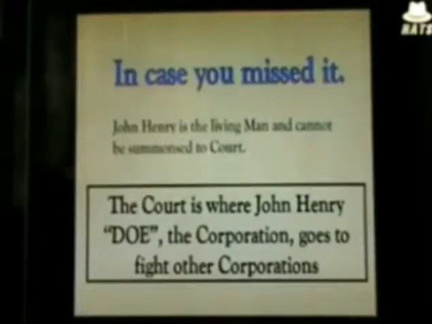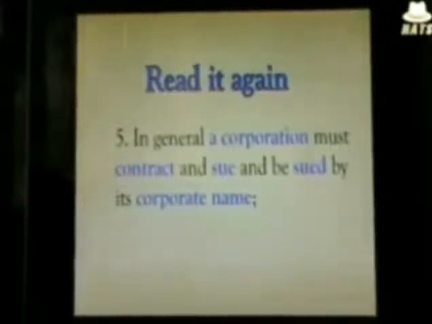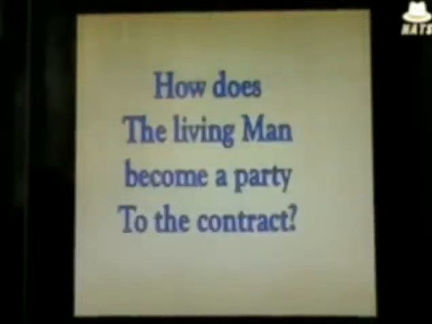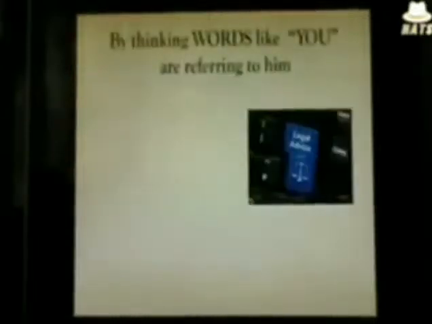So the moment that you fail to rebut, you become the corporation, John Henry Doe. Read it again. In general, a corporation must contract and sue and be sued by its corporate name. So how does the living man become a party to the contract? By thinking words like you are referring to him.